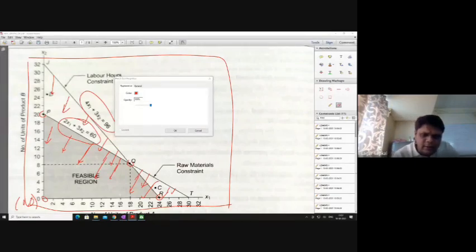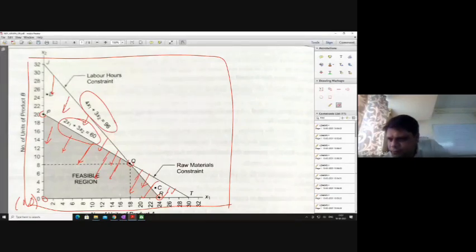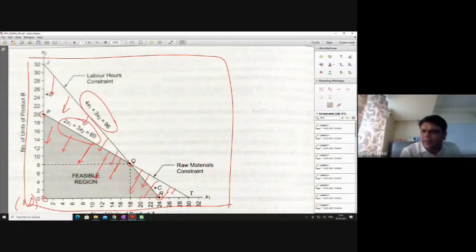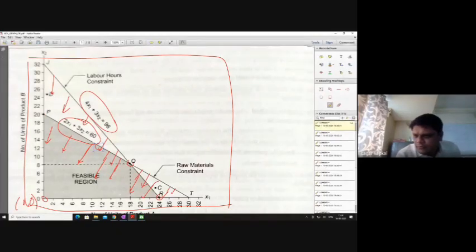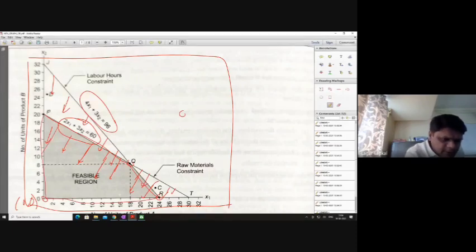It is having a default color. I don't know what is happening. This much region is nothing but the feasible region.